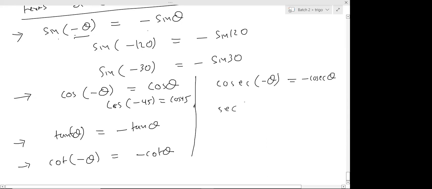And for sec theta, sec also, because it is inverse of cos, it eats away the negative sign. You can write simply sec theta. Is this clear, everyone? Shaifullah, Rahman, Mazia, Alvia. Yes, sir.